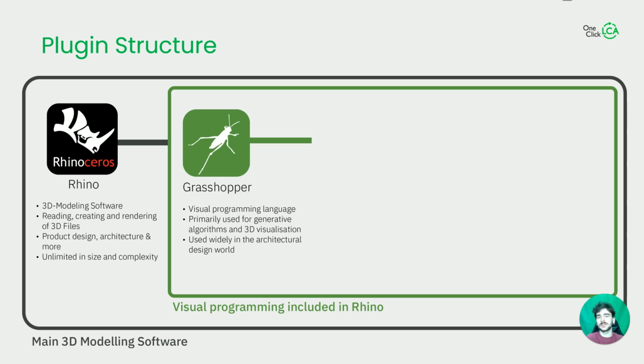It's quite easy to use because it's a visual programming language, so it's based on modules and nodes that you connect. And for this Grasshopper language, there are multiple plugins, and one of those is Morpho, which is our ENVI-met plugin.